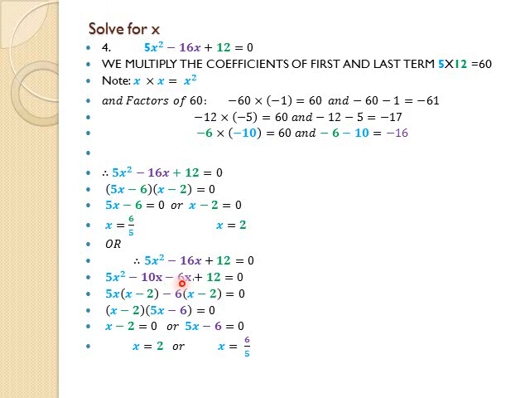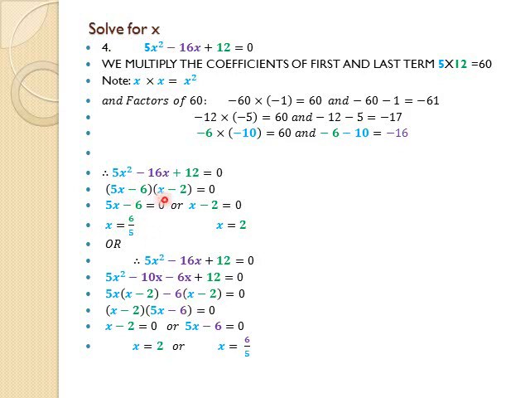If I divide by negative 6, negative 6x divided by negative 6 gives me x, and positive 12 divided by negative 6 gives me negative 2. After I've removed the common factor, you should see the two brackets left should be the same, x minus 2. The values left in front of the brackets I write in their own bracket, so that's times 5x minus 6 equals 0.